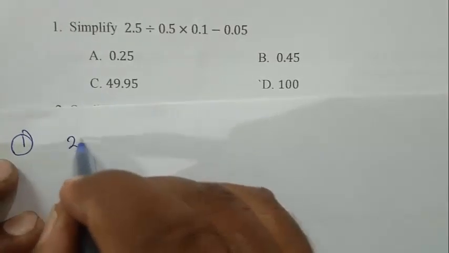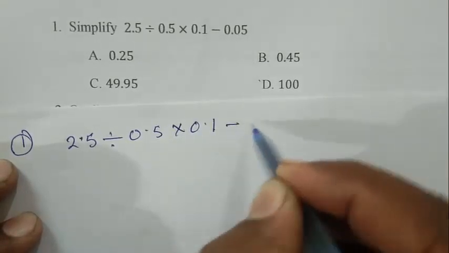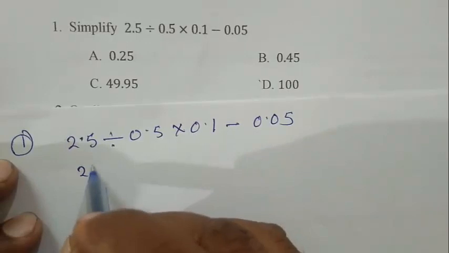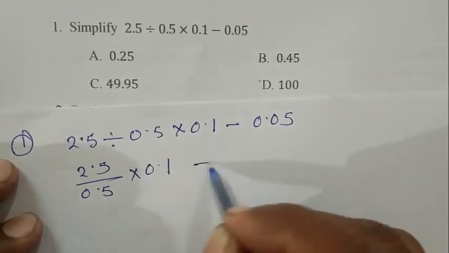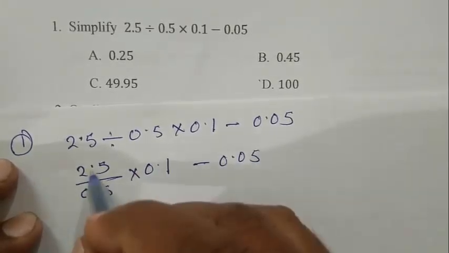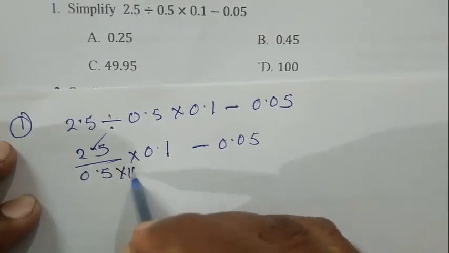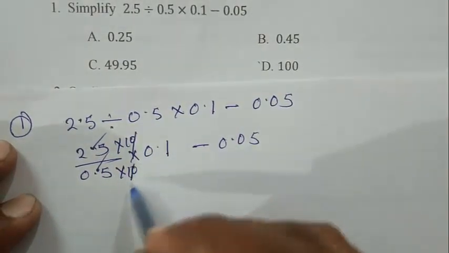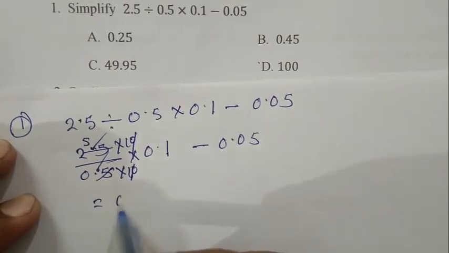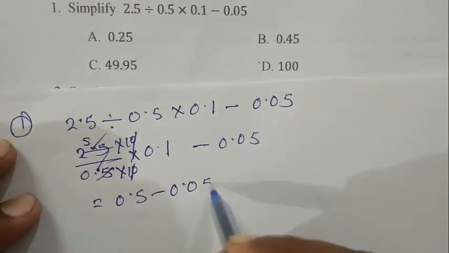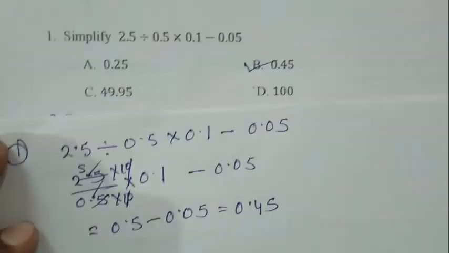That is 2.5 by 0.5 into 0.1 minus 0.05, that is 0.5 minus 0.05, that is 540. So B is the right answer.